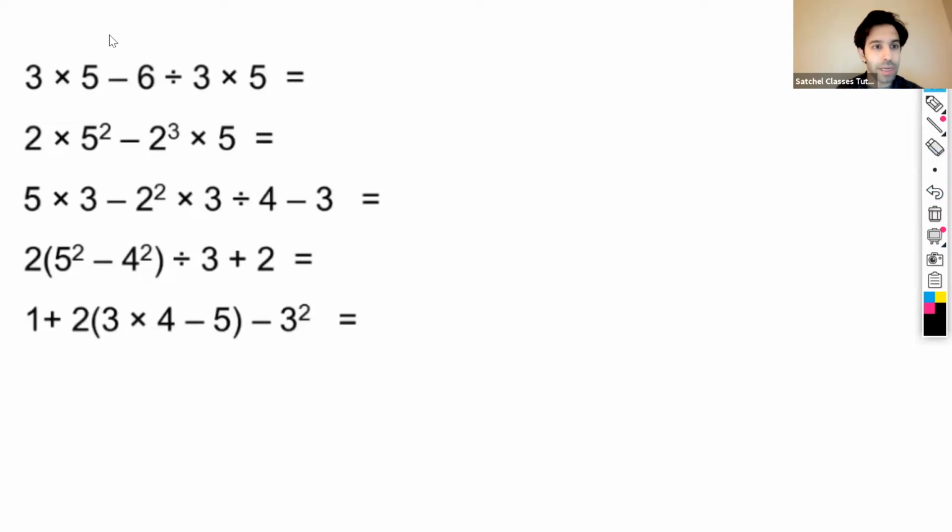So the first one, again, we have 3 times 5 minus 6 divided by 3 times 5. So again, as we have multiplication first, we would do the multiplication before the division. So that's 3 times 5 gives us 15. I'm just going to write out the problem so it becomes easier to see. So we have 3 times 5 minus 6 divided by 3 times 5 is equal to.